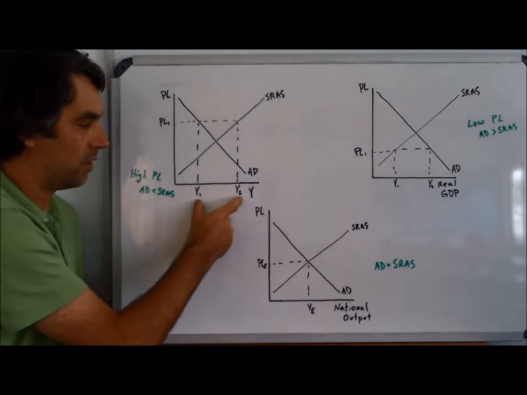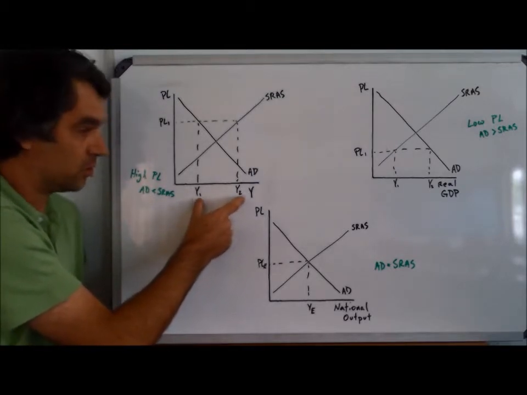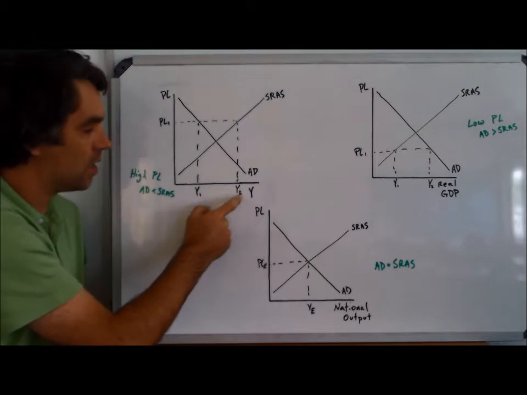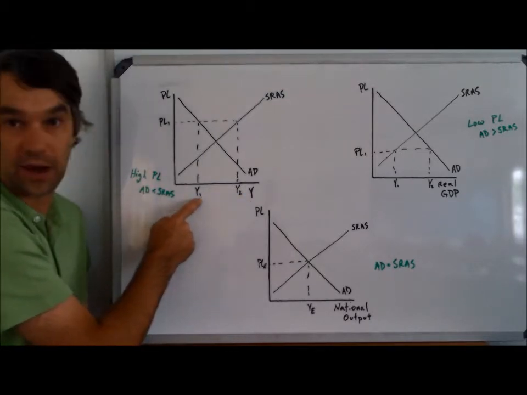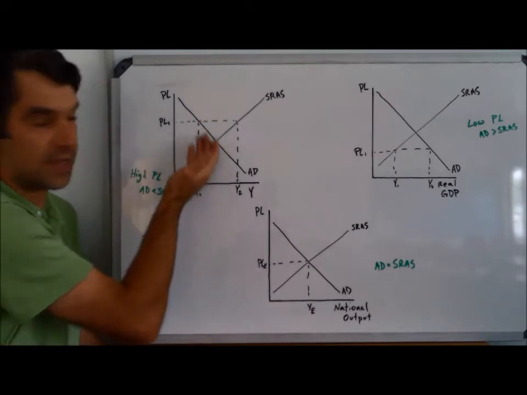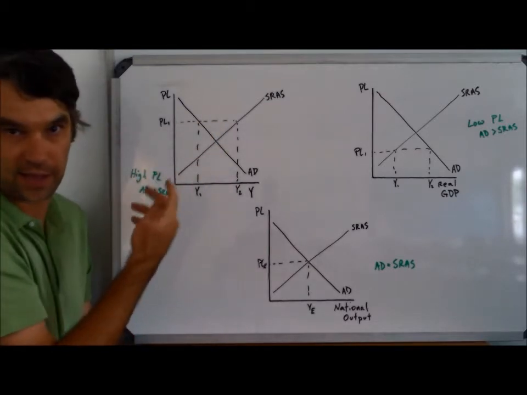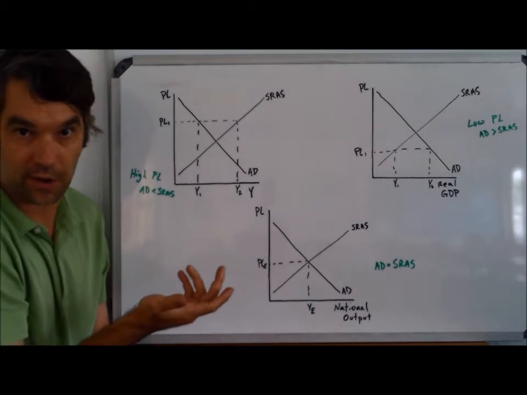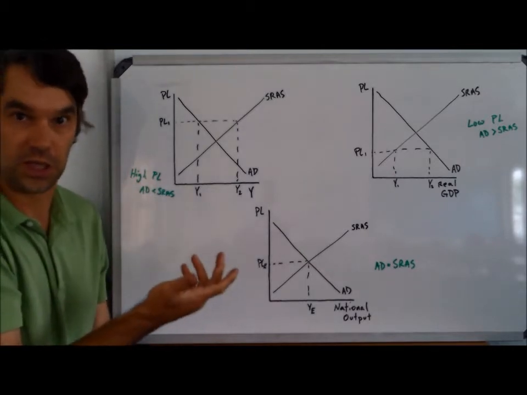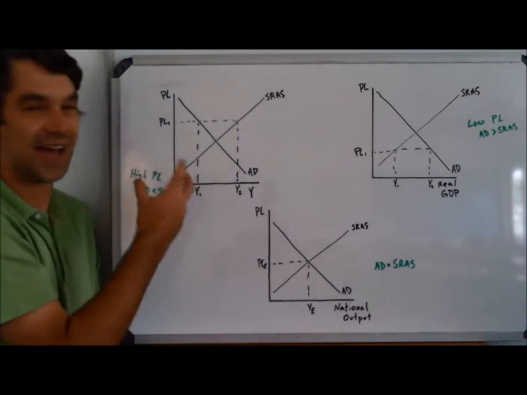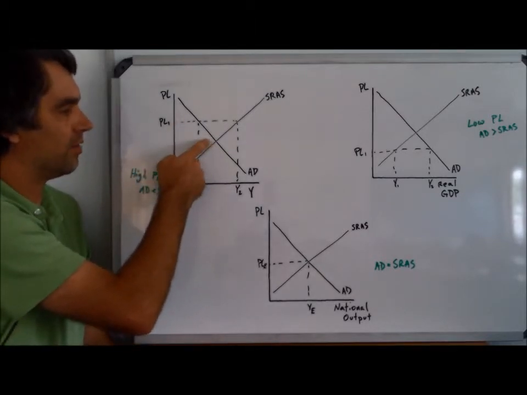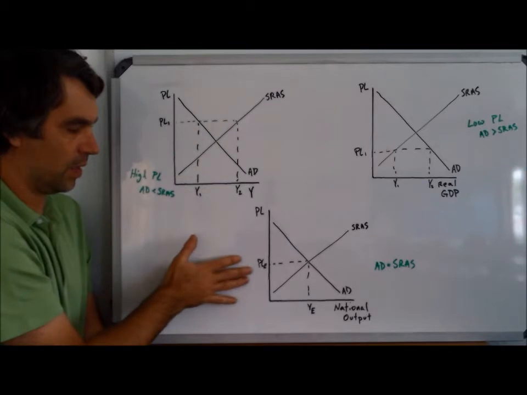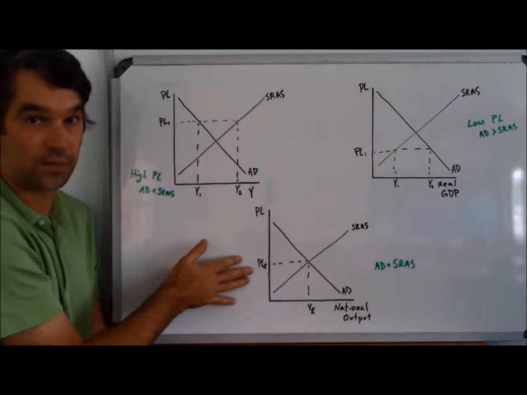So what you have is too much real GDP, or Y, produced compared to aggregate demand. This is going to put downward pressure on prices. There's going to be excess short-run aggregate supply, excess real GDP is created, and it's not all going to be bought up. So we're going to see price levels fall, and obviously they're going to fall towards equilibrium, which is the situation we see here.